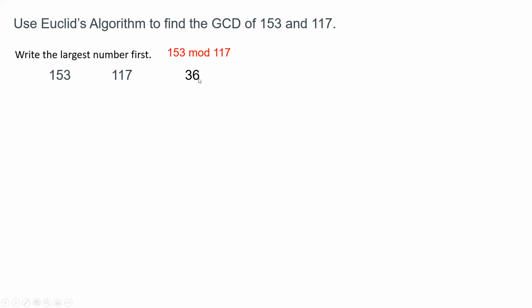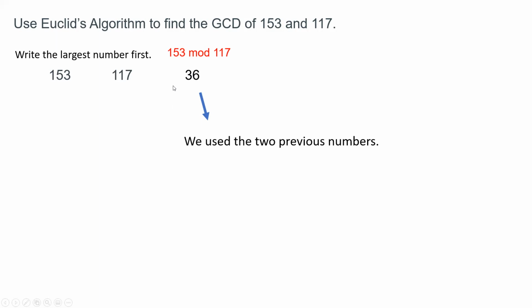So now what do we know? Because of that theorem, we know that we can now start looking for the GCD of these two numbers here and forget about that big one, right? Because that's what it said. Just take this other number and look at those two and find the GCD.